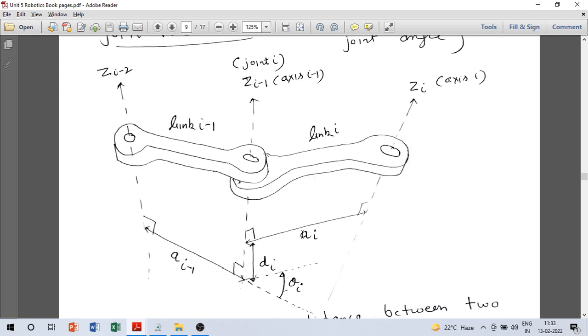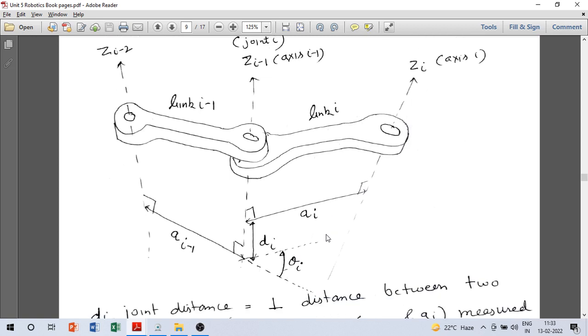Similarly, you have here A I, that is link length for link I. And now there are two more things here. You see, one is this angle theta I, and one is this distance d I. This theta I is called joint angle, and d I is called joint distance.